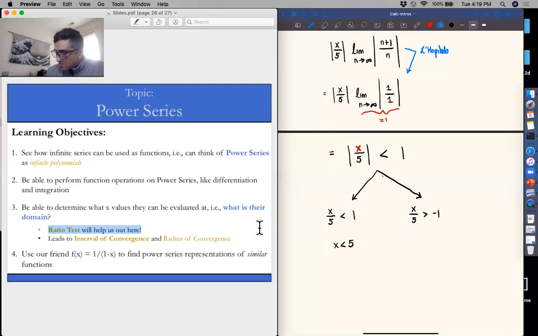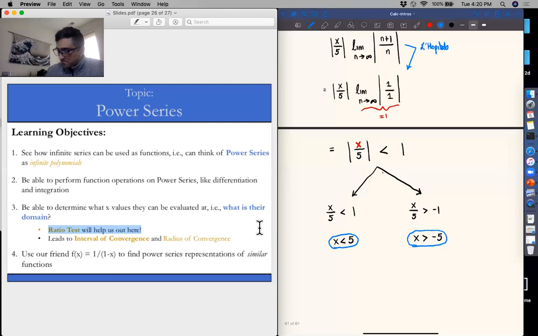Now, if we look at the other side, when x over 5 is greater than minus 1, if we solve for x in this inequality, we find that x has to be greater than minus 5 for the series to converge. So if we take both of these pieces of information, we can patch together a big chunk of the domain in which our power series converges.